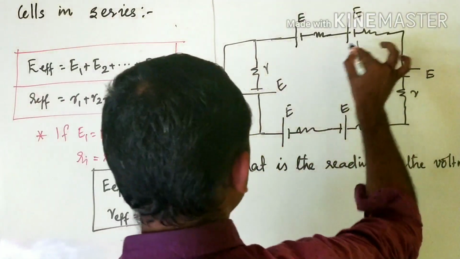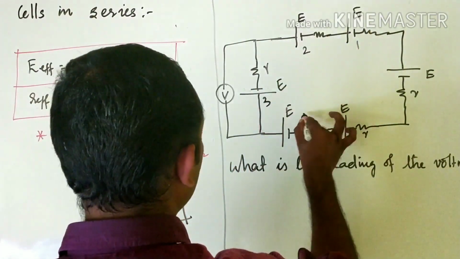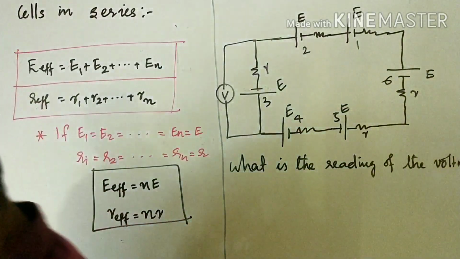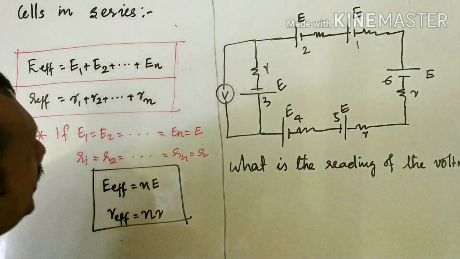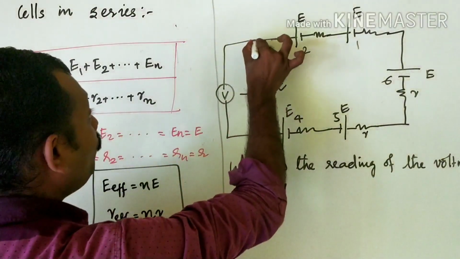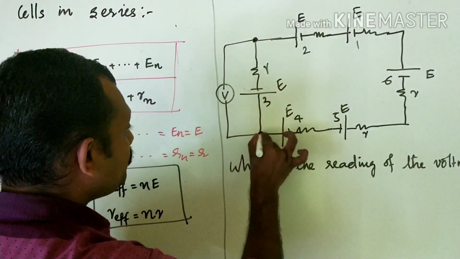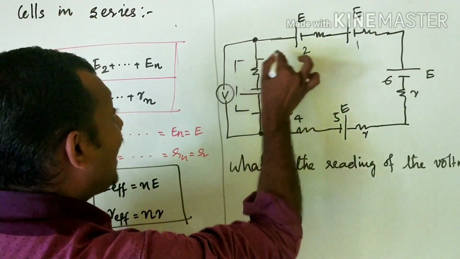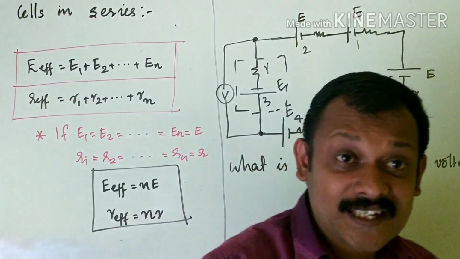Let me call this cell 1, 2, 3, 4, 5, 6. You can easily understand the reading of the voltmeter: where is the voltmeter connected? Voltmeter is connected between these two points, which means voltmeter is connected across the terminals of this cell.